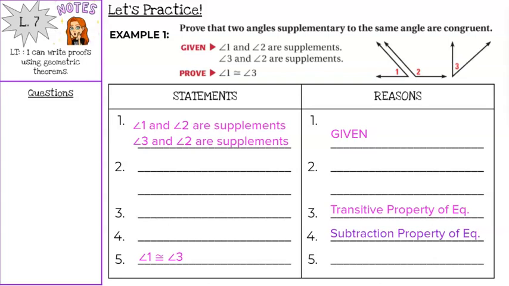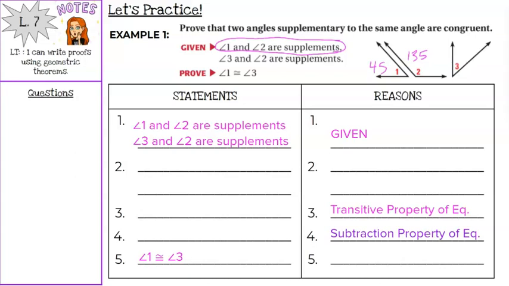So we're proving the congruence supplement theorem, which is used in our Unit 2 resource sheet. Right here we have angles 1 and 2 are supplements. That's given. So that means that they add up to 180. If angle 1 was 45 degrees, then angle 2 would have to be 135 because they are supplementary, so they add to 180.